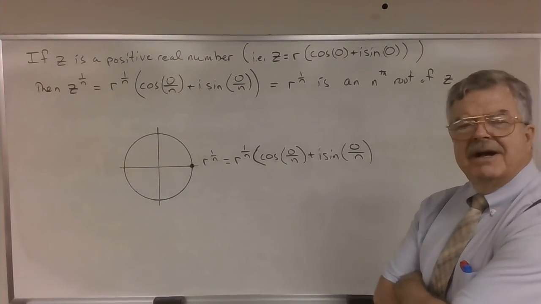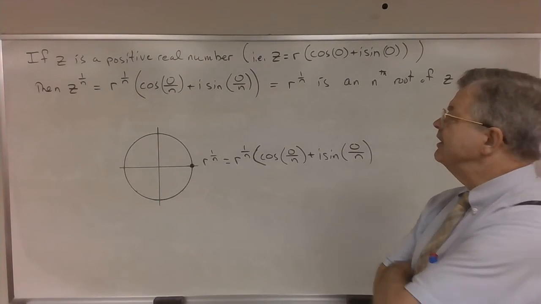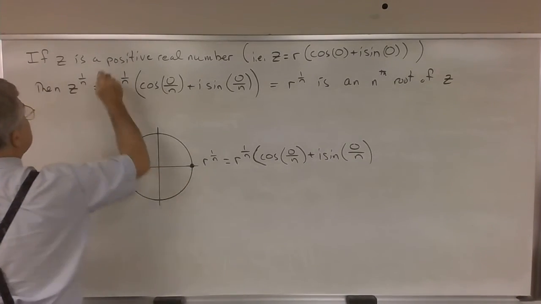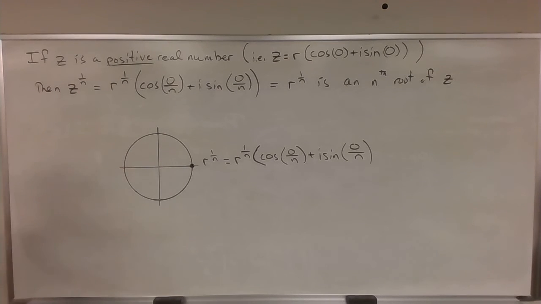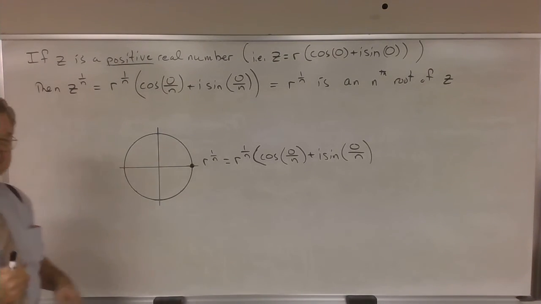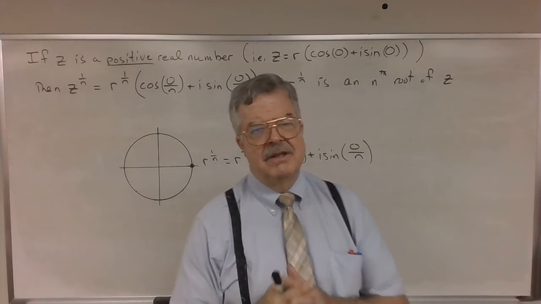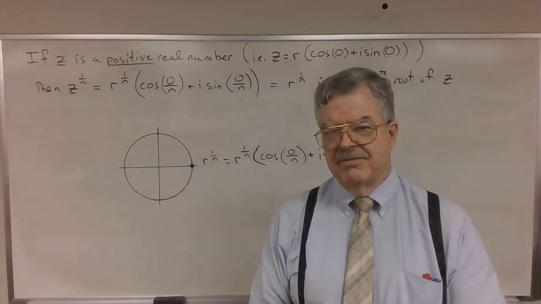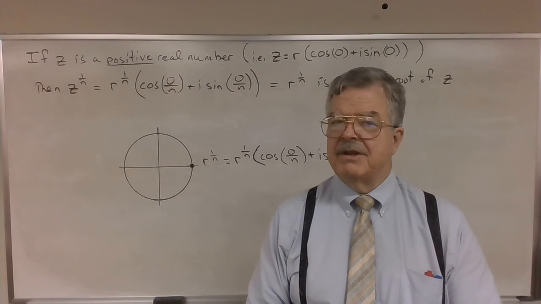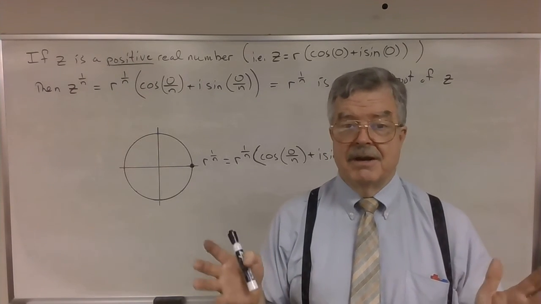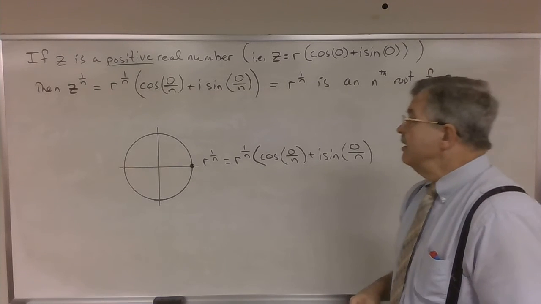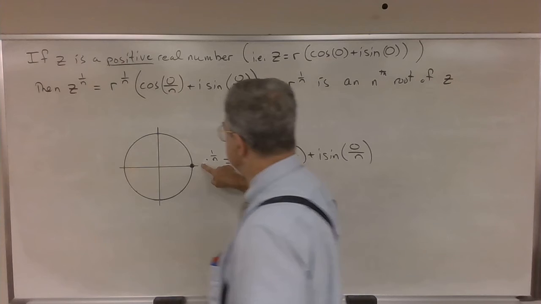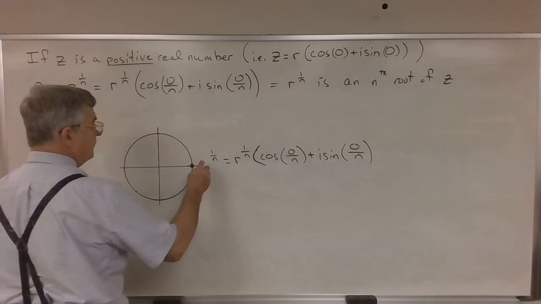Well, one consequence of this result is that if z is a positive real number, then z is always going to have at least one real nth root. We can take the nth root of a positive number and get a positive number. So here's the nth root of z.